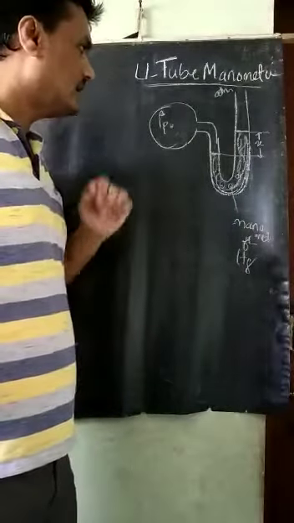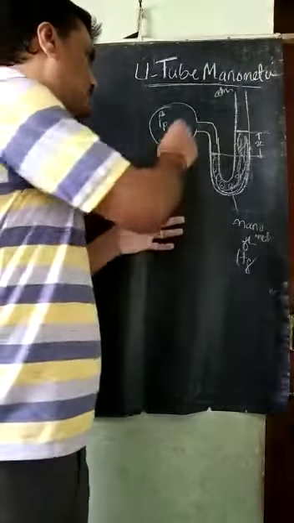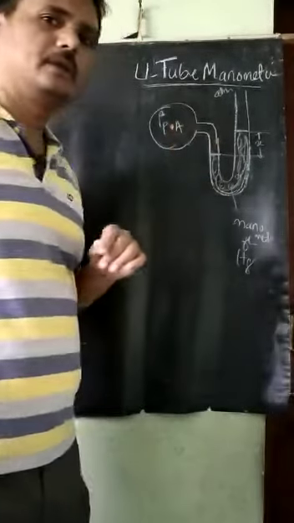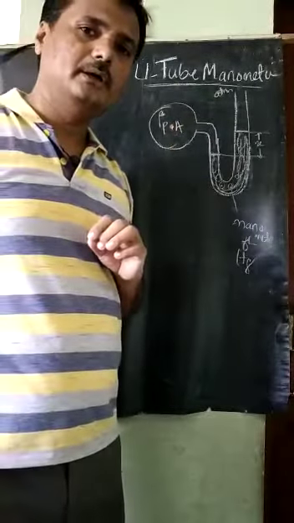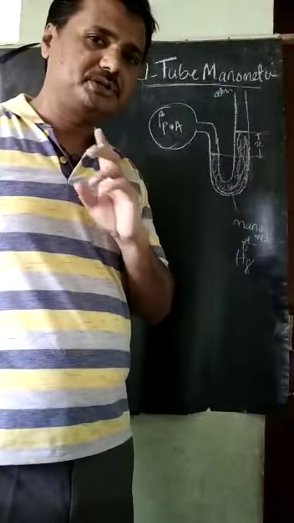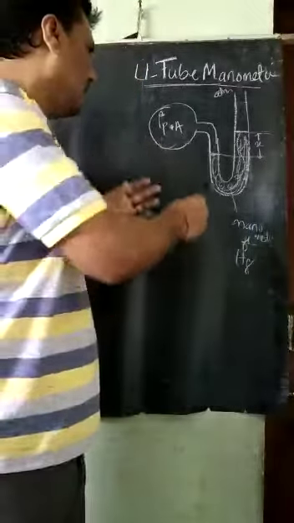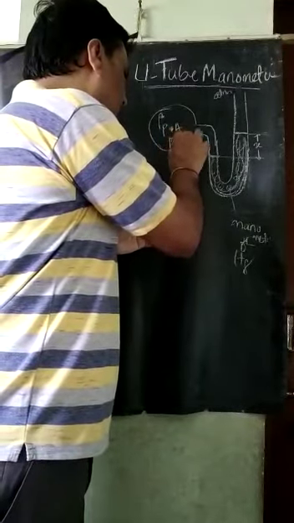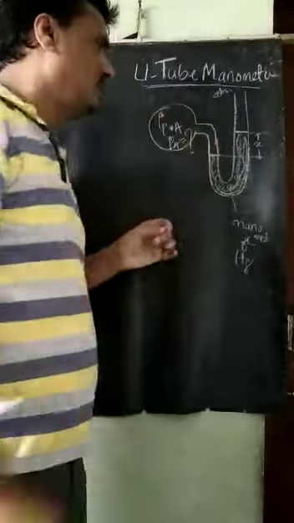Next, how to measure the pressure at this point? A is the point in the pipe fluid where we want to measure the pressure. Call it PA. How much is this PA that we need to find?